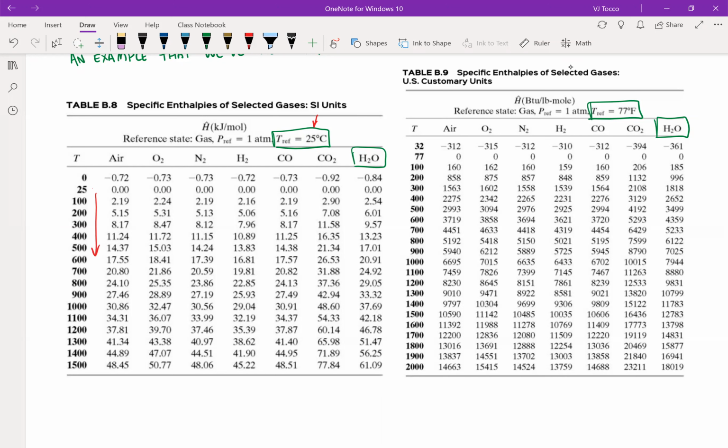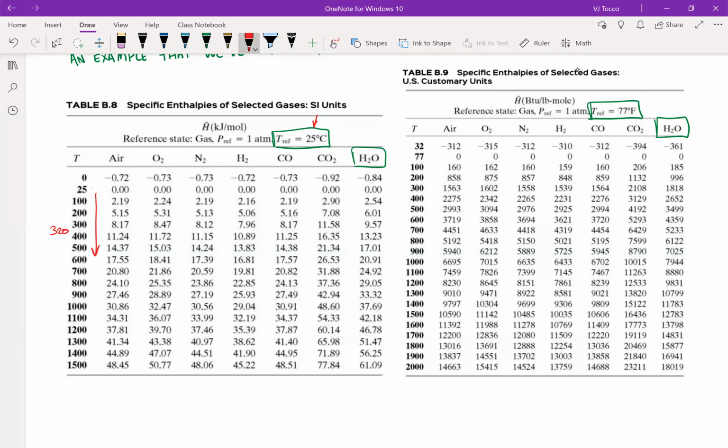Therefore, if I want the enthalpy of a gas at 325 C, for example, I would have to use a linear interpolation once again. It's improper to just take the average or to take the data point that's closest. So for example, if I wanted air at 320 degrees C, it's improper to just round 320 to 300 and call it 8.17. You would not want to do that. You want to use the interpolation formulas once again.